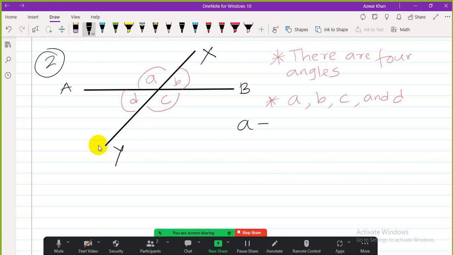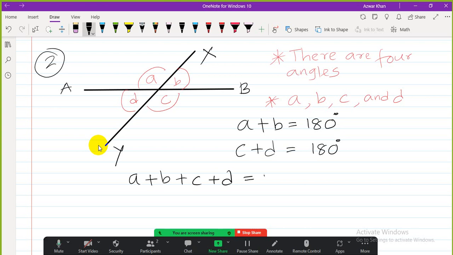I can write A plus B equals 180. Yes or no? Yes, sir. Again I can write C plus D is also equal to 180. Then what can I say about A plus B plus C plus D?